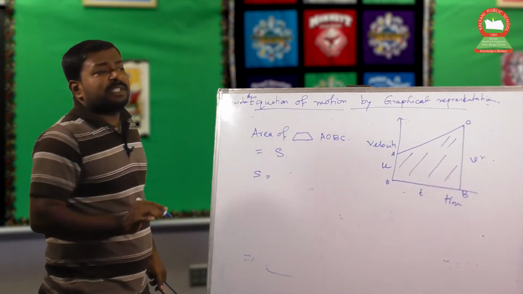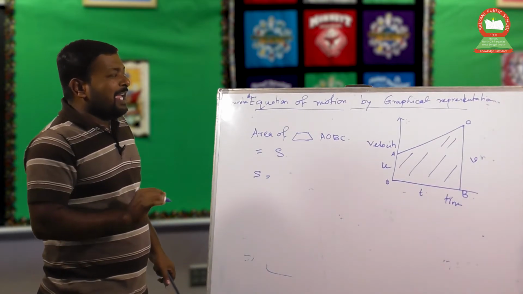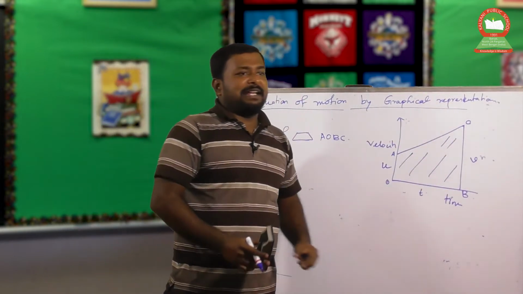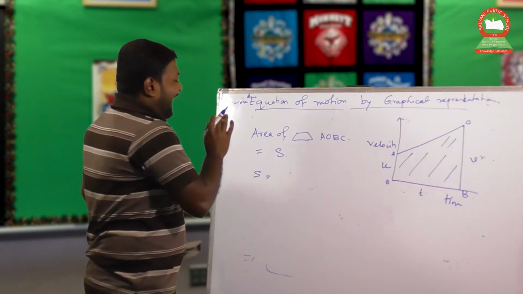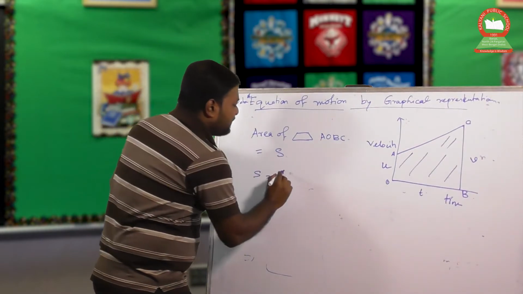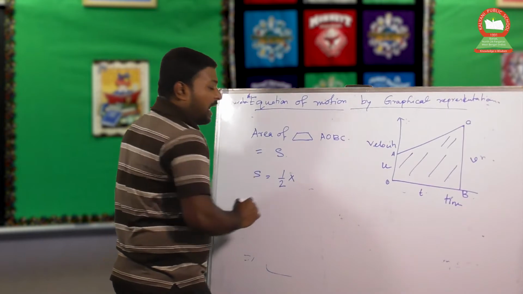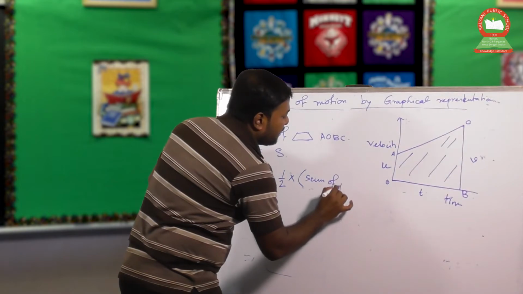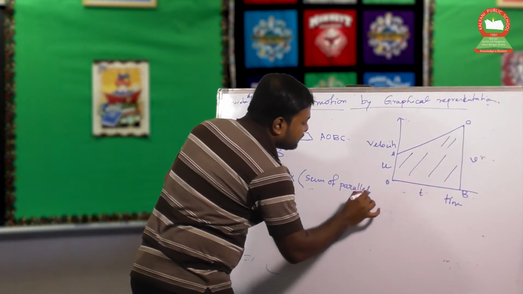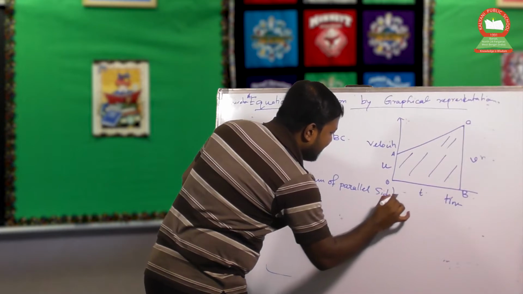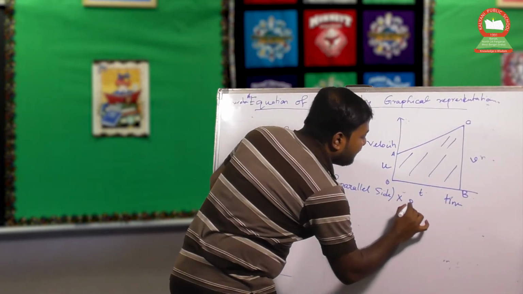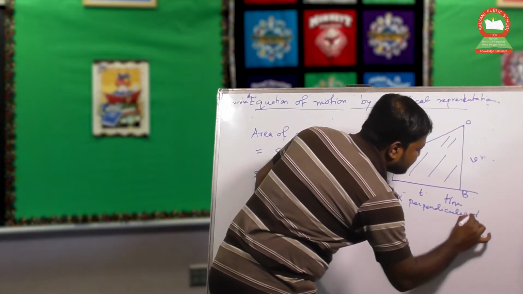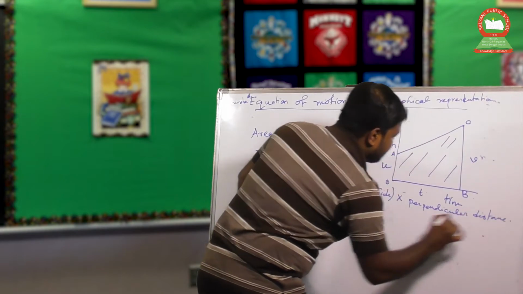Now the area of a trapezium is equal to half into the sum of the parallel sides into the height, or perpendicular distance between the two parallel sides.